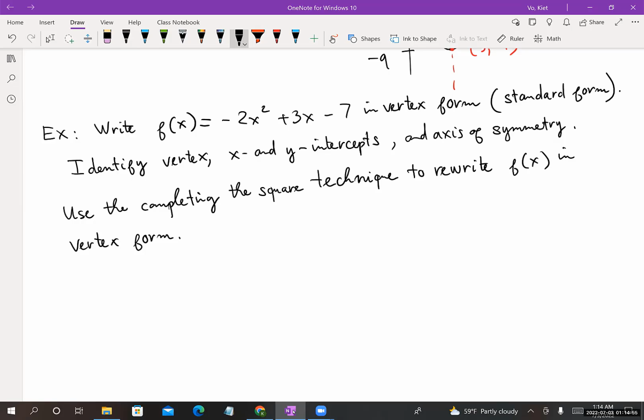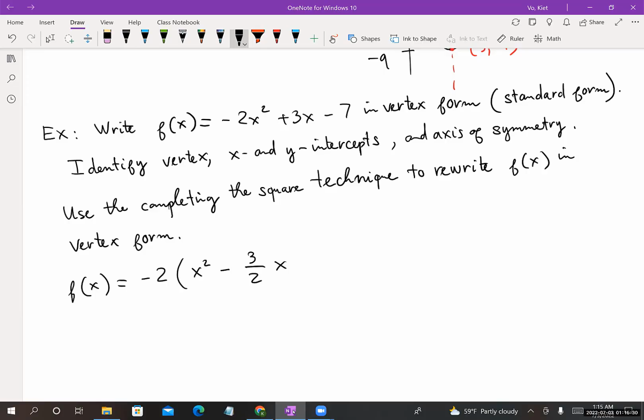Okay, so first I'm going to have to factor out the -2. So I would have f of x is equal to -2 times x squared plus, because the negative is out, -3/2 x. When you factor out the -2, that's the same thing as dividing every term by -2.